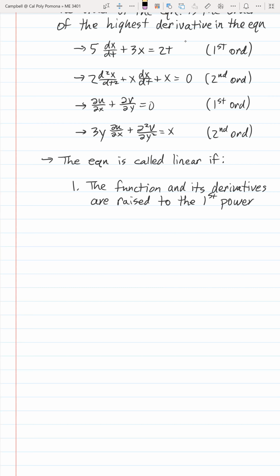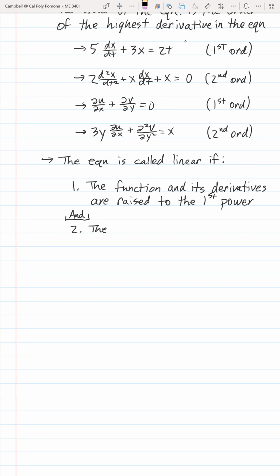So in other words, we can't have square roots of derivatives. We can't have a derivative squared. We can't have sine of a derivative. So none of those would work for a linear differential equation. And we'll see why we're interested in linear differential equations a little bit later.